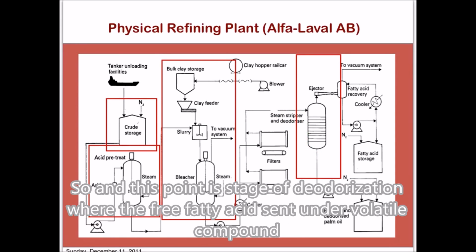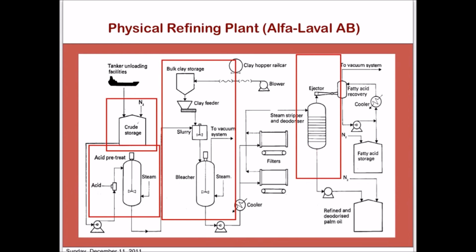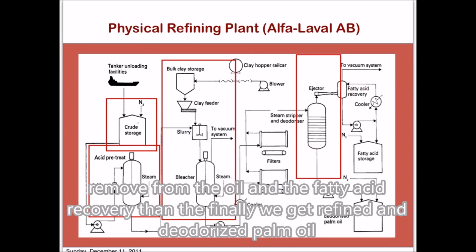At this point, there is a stage of deodorization where the free fatty acids and other volatile compounds are removed from the oil, and the fatty acids are recovered. Then finally we get the refined deodorized palm oil.